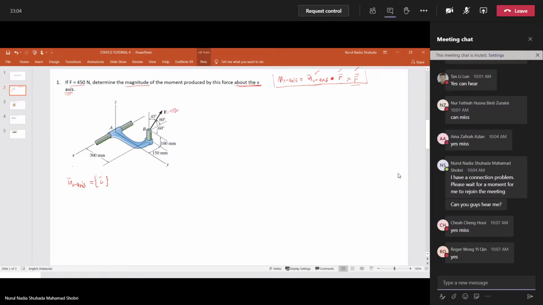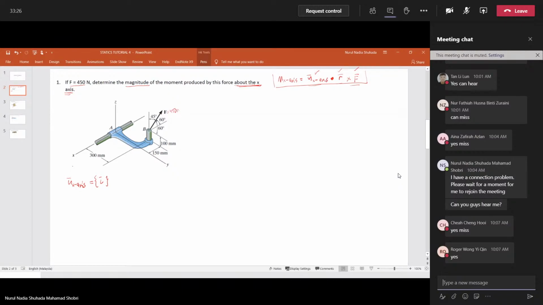I'm sorry, it's actually i. If the vector is about the x-axis, it should be i. If the question asks about the y-axis, then your unit vector should be j.